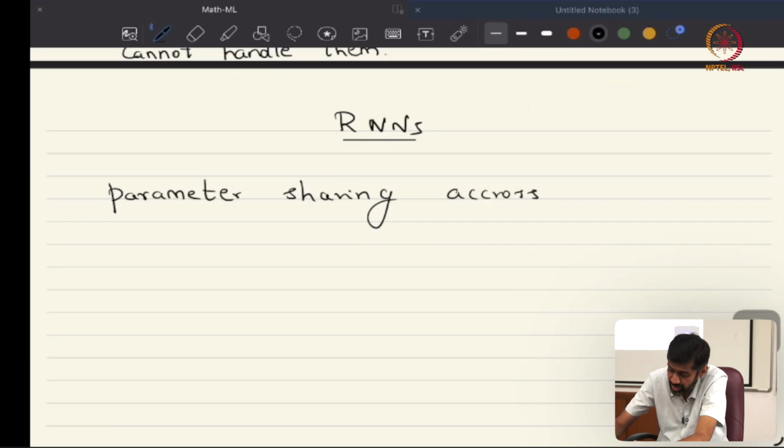I wrote time within quotes because in natural language there is no idea of time, it is just the sequentiality, some ordinality, some ordering, that is it, right.